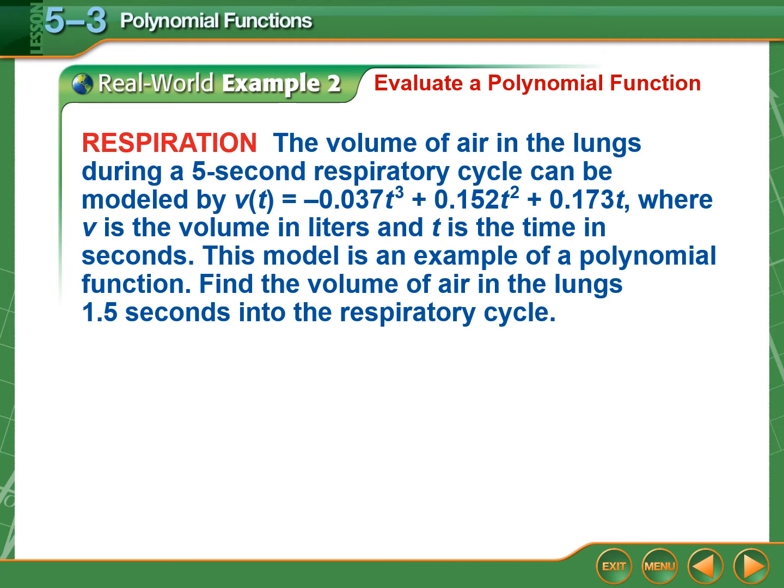With that, we know that t acts like x, and then V of t acts like y. So we're saying the volume is a function of time. Time drives the volume result. Volume's in liters, t is time in seconds, and now we need to find the volume of the air in the lungs 1.5 seconds into the respiratory cycle.